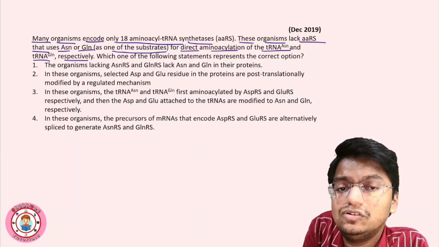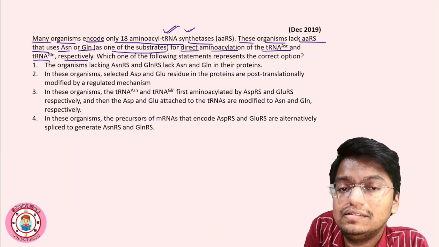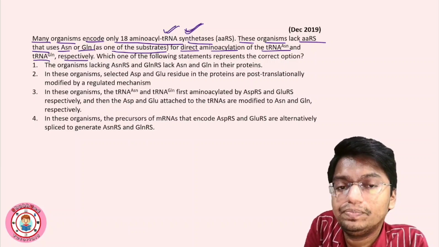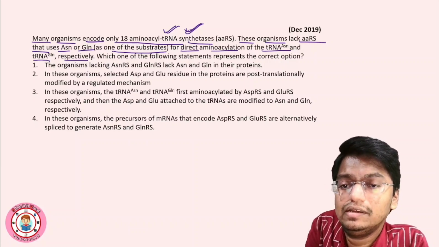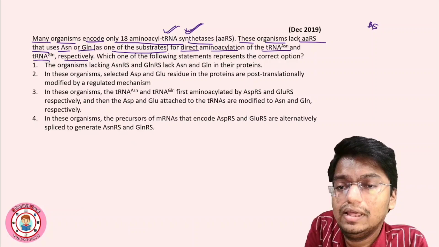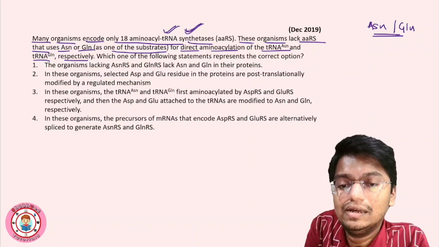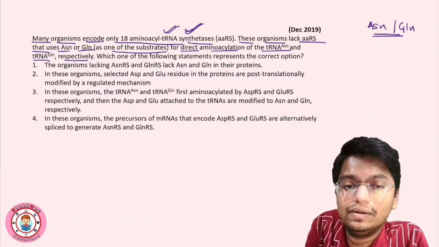Not tRNA, actually tRNA synthetase. Amino acyl tRNA synthetase which does the amino acylation, right? Adding the amino acid on the tRNA. So you have to note this: for both asparagine and glutamine amino acids, there is no tRNA synthetase in the bacteria.